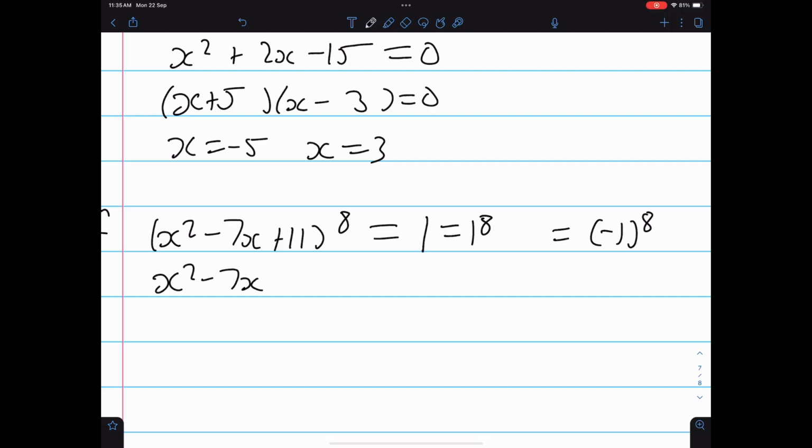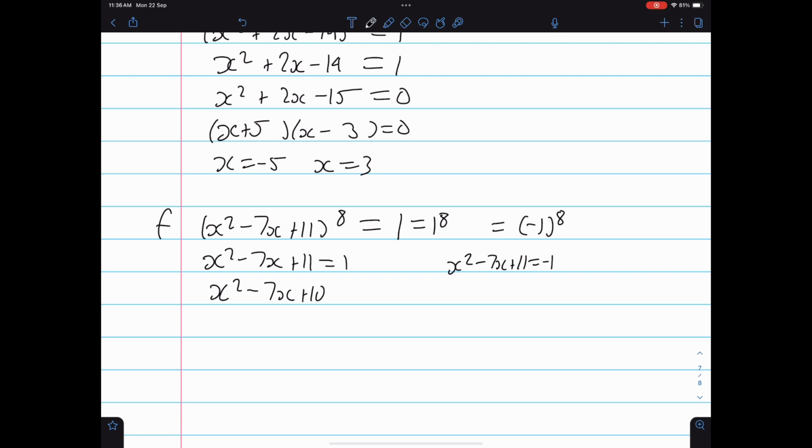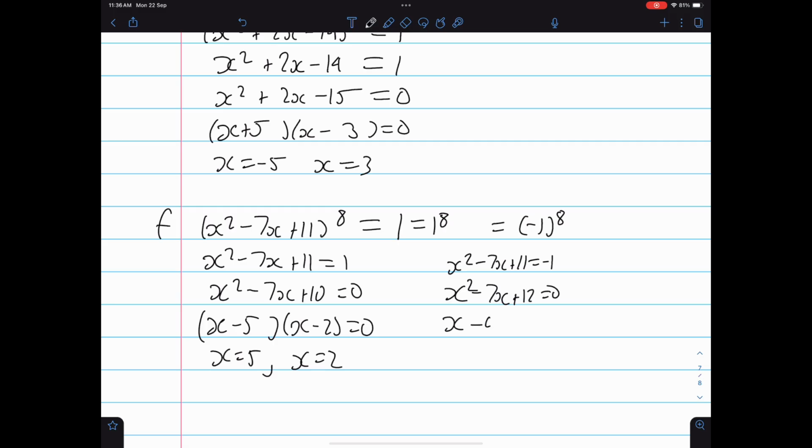Either x squared minus 7x plus 11 will equal 1, or x squared minus 7x plus 11 will equal minus 1. And then we'll factor this very easily to get x equals 5 or x equals 2. But then on this side, it'll factor easily. So we get this. So x is also equal to 4 and x is also equal to 3.